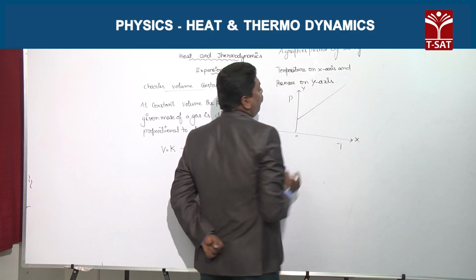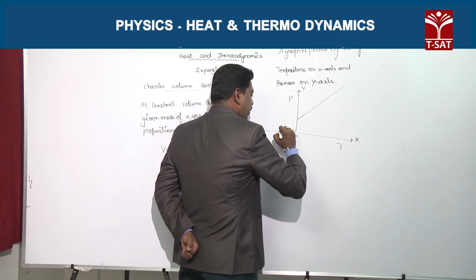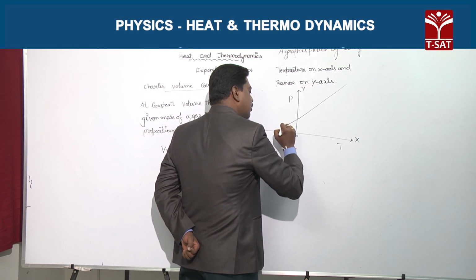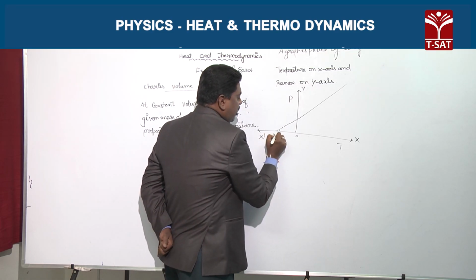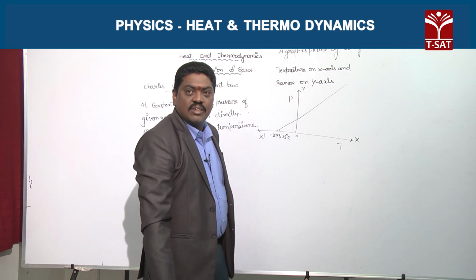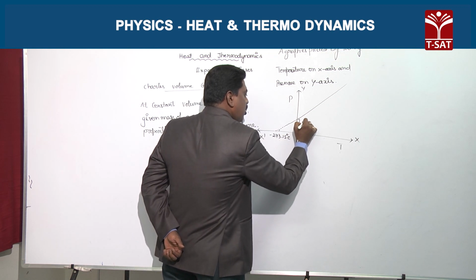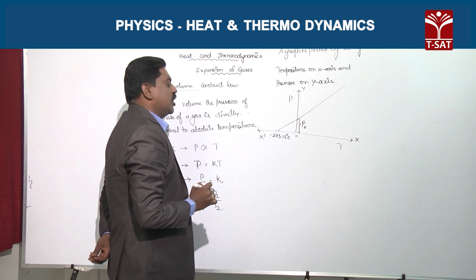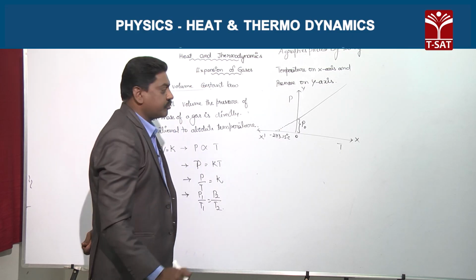The graph is a straight line having a y-intercept. When the graph is extended backwards, it will touch the temperature axis at minus 273.15 degrees Celsius, which is taken as 0 Kelvin, and P0 is the pressure at 0 degrees Celsius.